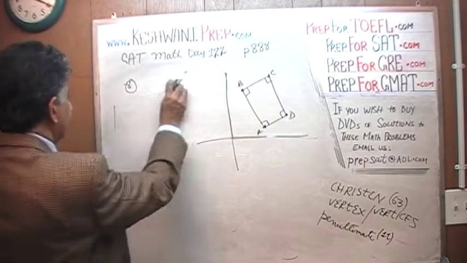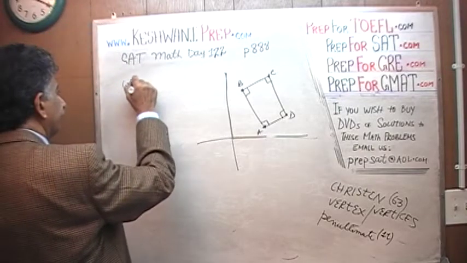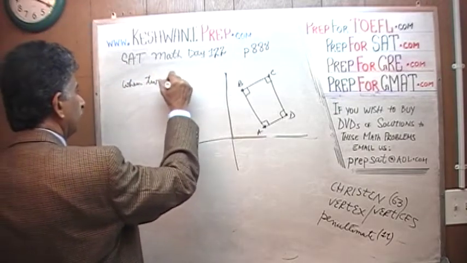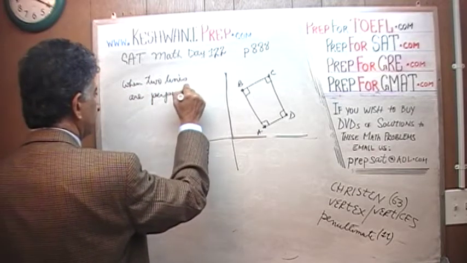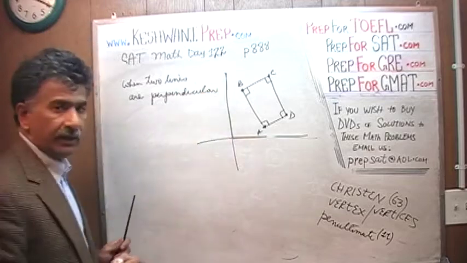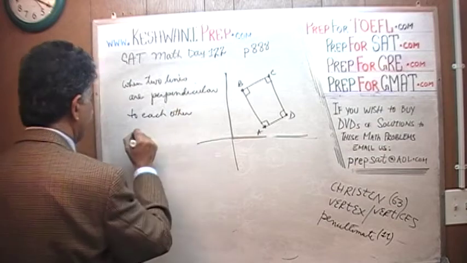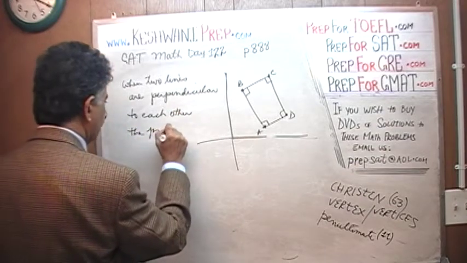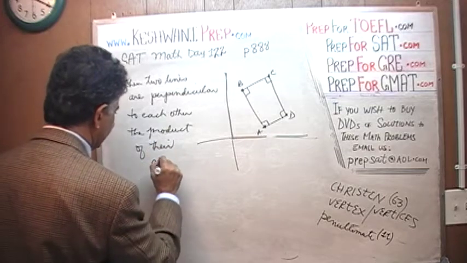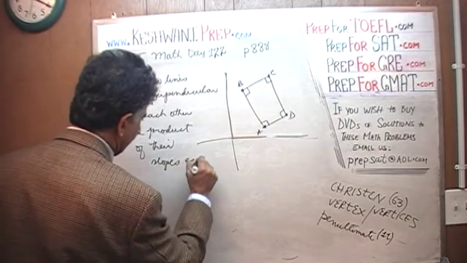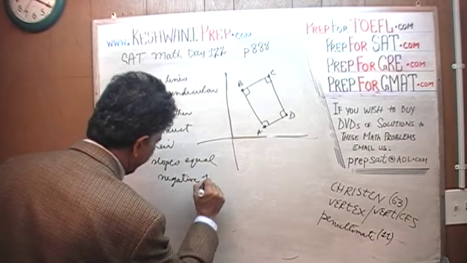And the concept that they're testing here is this. Listen carefully. When two lines are perpendicular to each other, the product of their slopes equals -1.